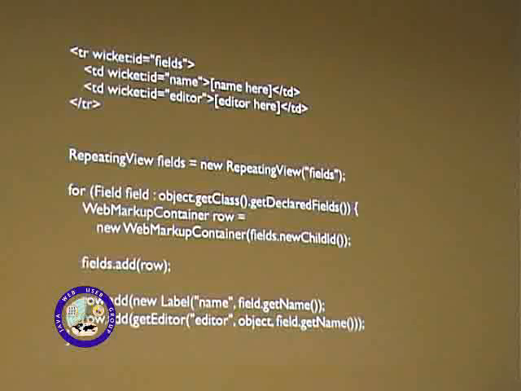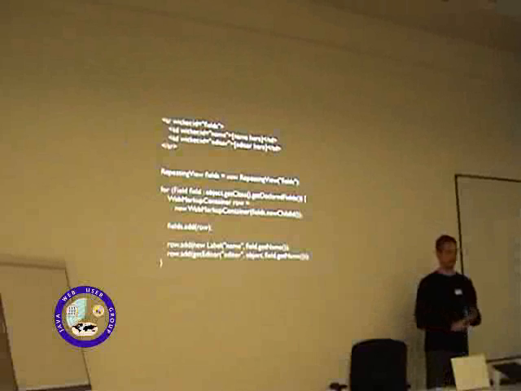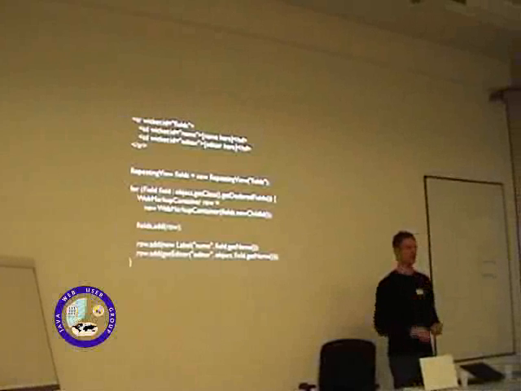Wicket makes a difference between the ID of the component, the Wicket ID of the component, and the output HTML ID of the component. So as in when you're doing your CSS, you go hash name.